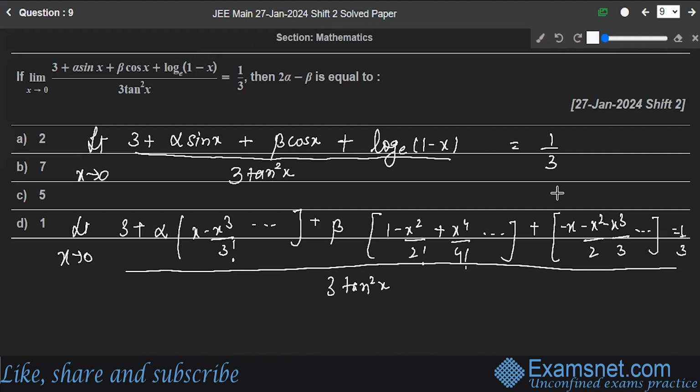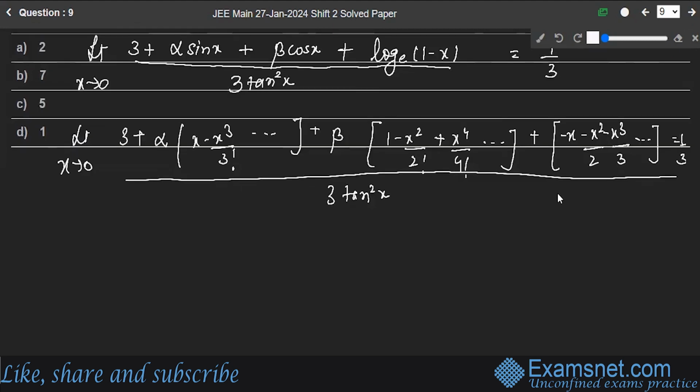Now see, as x is approaching 0, x is having a very small value. I can ignore the higher powers of x. I'm taking the approximate values of x over here. So limit x approaching 0, this will be 3 plus from here beta only, because only this constant is there.